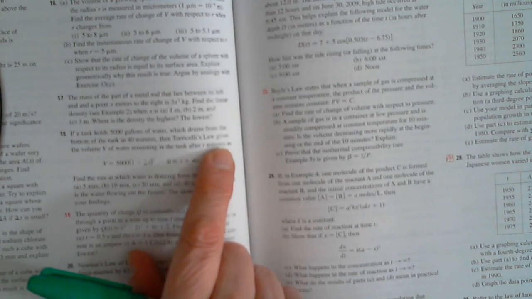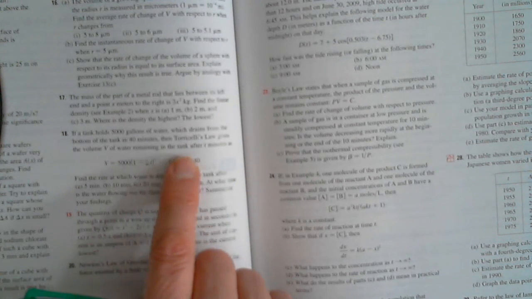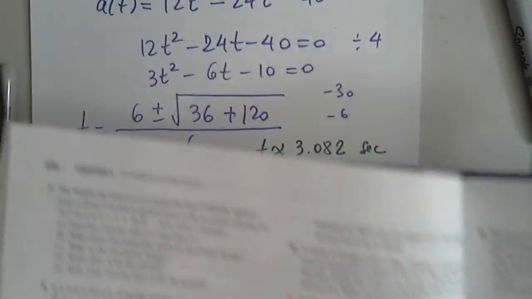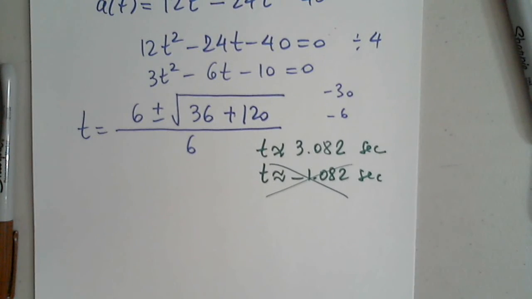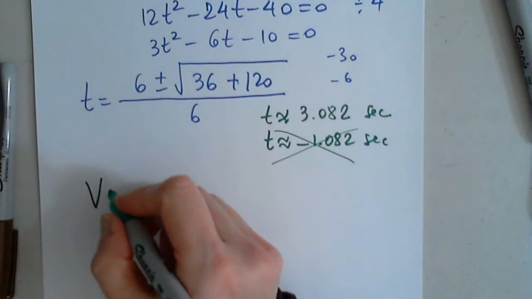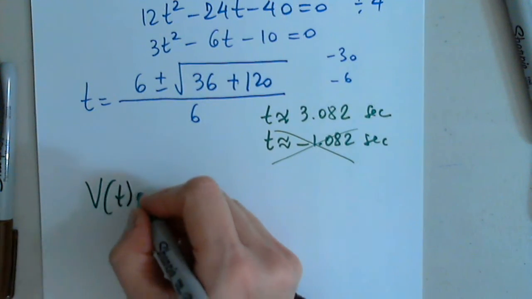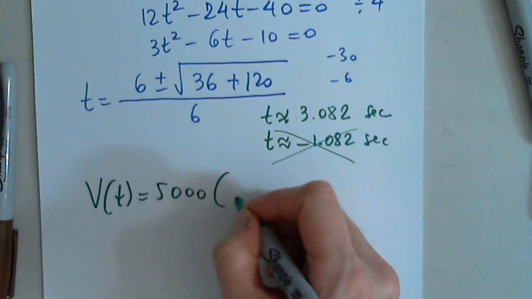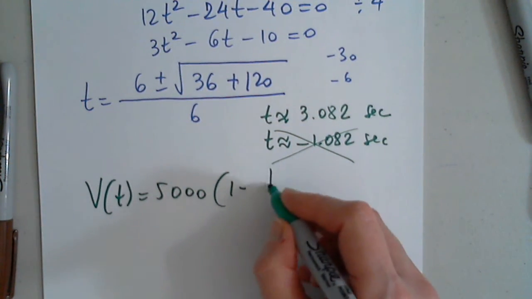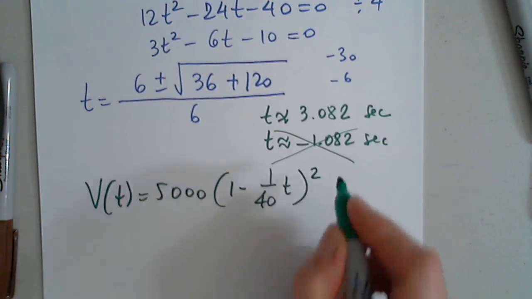Then Torricelli's law gives the volume V of water remaining in the tank after t minutes, and I'm going to copy that for you. And we are going to answer the questions. So we have the volume function V of t equals 5,000 times 1 minus, I think it's 1 over 40, t, everything squared.